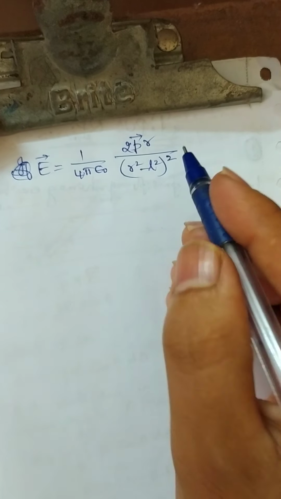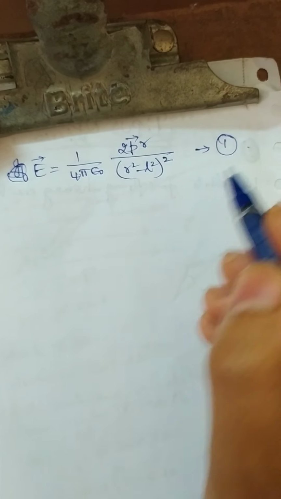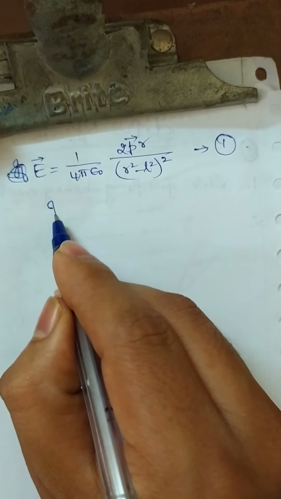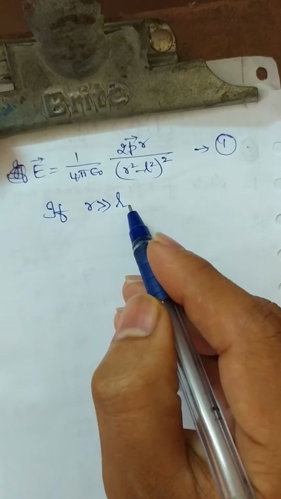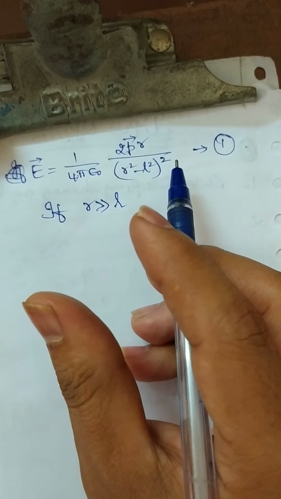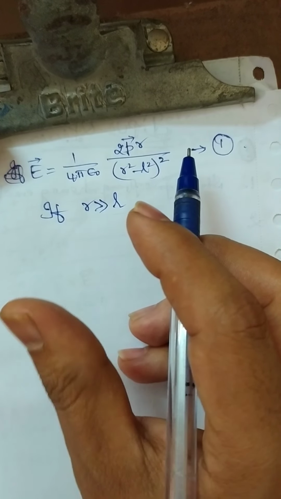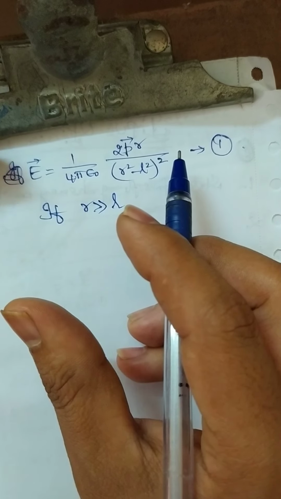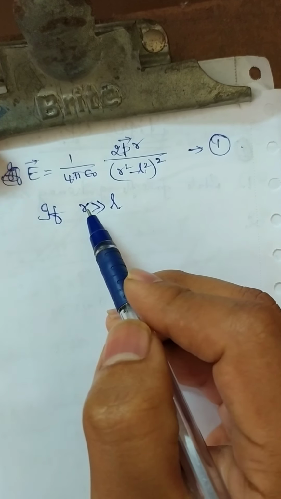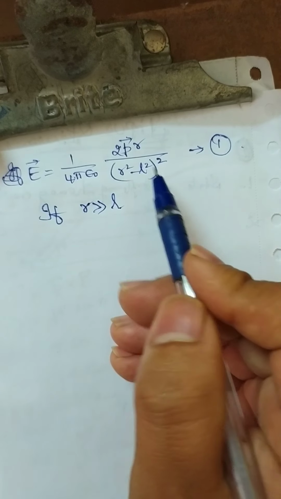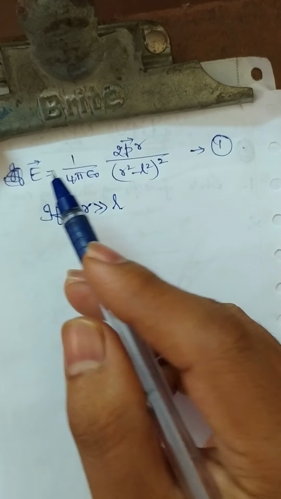So this is the final expression we got. Let us take this one as equation 1. Now, as you know, L is the distance between the center of the dipole to either of the charges, either from center to positive charge or from center to negative charge. What is r? r is the distance from the center of the dipole to the point where we need to find the electric field.